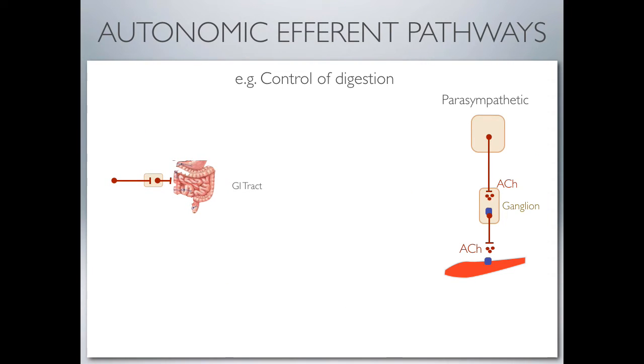Okay, so what we're going to do now is give specific examples of these pathways. We've laid out what the possibilities are, and let's see where they are in your body. So first of all, the control of digestion. There are a lot of local decisions. The enteric nervous system makes a lot of local decisions about how it's processing your meal, depending on how fatty it is, how acidic it is.